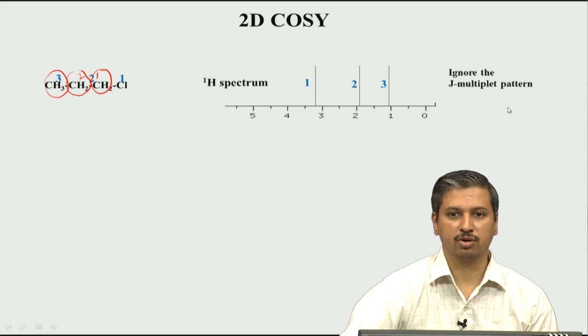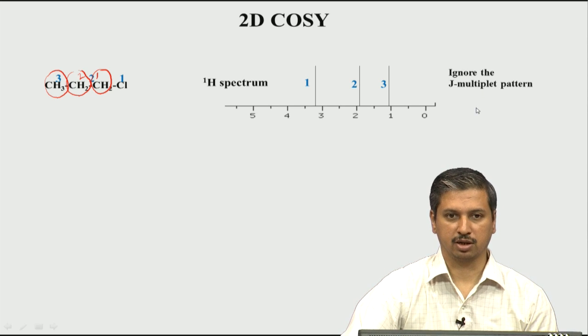Now, let us ignore the J multiplet pattern. Remember again, when we go to 2D NMR in this entire course, we will not be focusing on the J multiplet in 2D. Okay. As far as 1D is concerned, we have already looked at it and saw how we can use it for getting the structures, but when it comes to 2D we normally do not consider them.